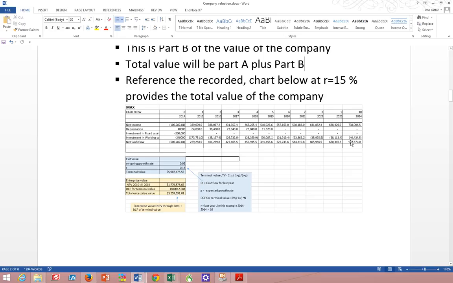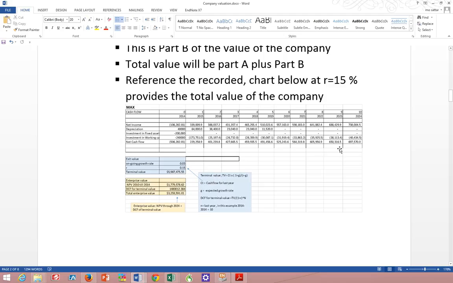The terminal value uses 697, which is the last year cash flow for this business that we have calculated, and we're using this to forecast the future. Using the formula for terminal value, which is the cash flow for that year, times 1 plus G, divided by R minus G, we get a terminal value of 5.98 million. But that is in year 10.